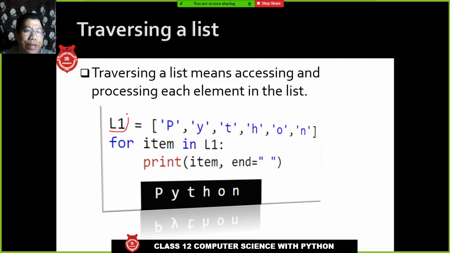So here L1 is my list and Python is the list of elements, a list of characters starting from capital P. So using a for loop, for item in L1 colon, and print item, and between each item I'm going to give one space. So the output is P, the capital letter, printed out, then small y, t, h, o, n. That means I am processing each element in the list.